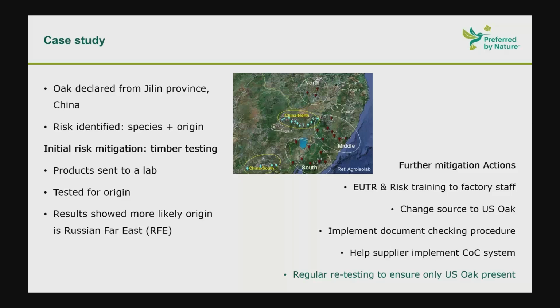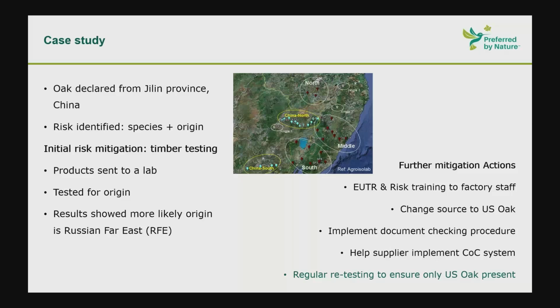And they also asked them to implement document checking procedures before sending material to them. And they also changed their source of timber to US oak. So basically, they worked very closely with their supplier to source from a different country and to implement stronger traceability procedures, document checking, and they also trained their staff.